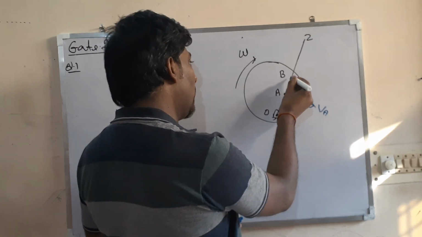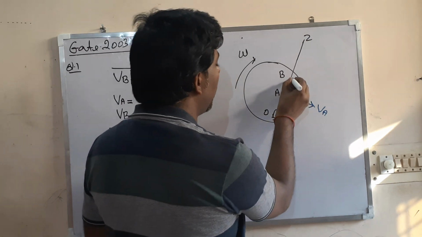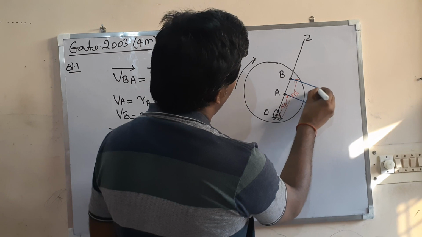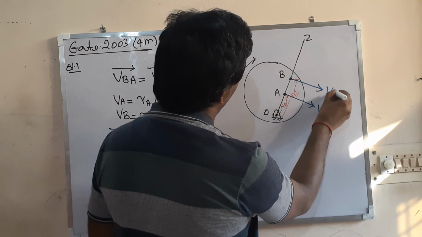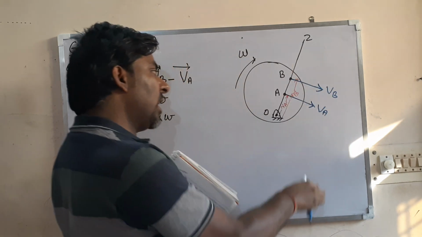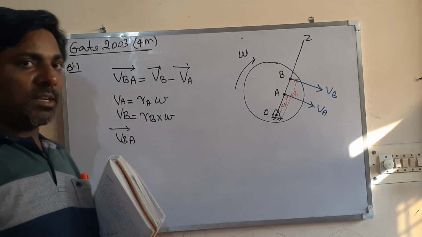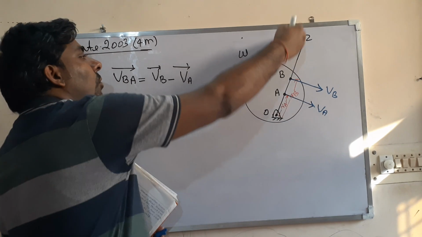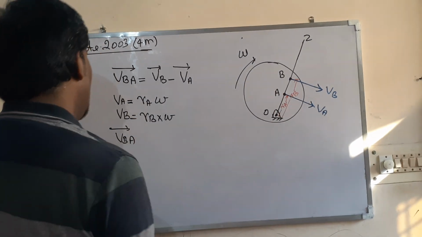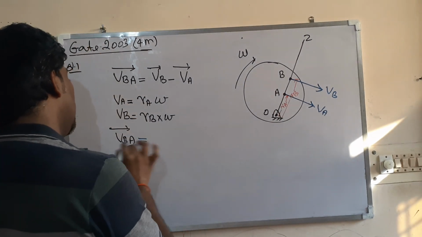Then the velocity of point B with respect to O will be perpendicular to OB in the direction of rotation. So what you are looking at, VA and VB are both in the same direction, and perpendicular to line OZ.